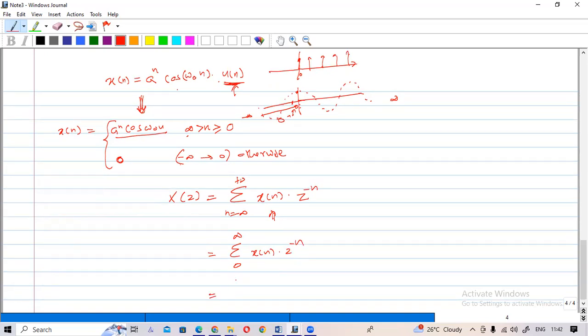When n is 0, it will be a^0 cos 0 z^0, plus when n is 1, a^1 cos omega naught z^-1, plus a^2 cos 2 omega naught z^-2, plus a^3 cos 3 omega naught z^-3, and so on, up to infinity.